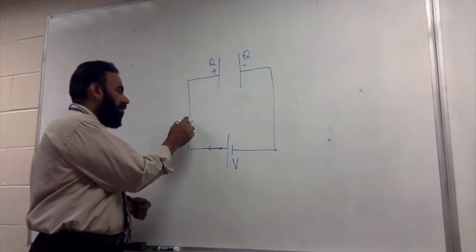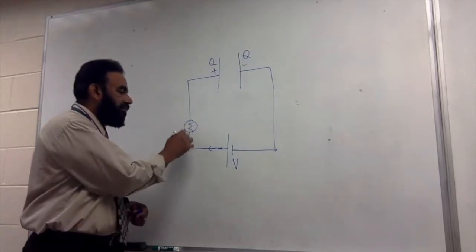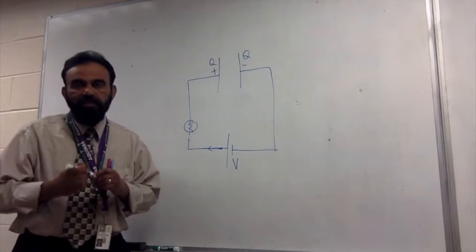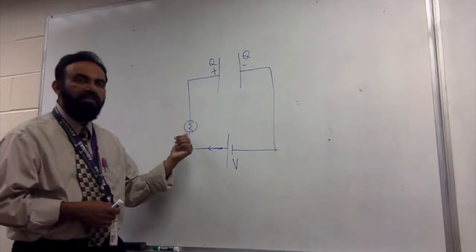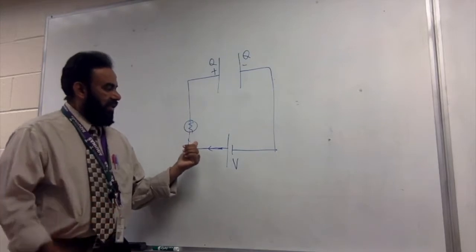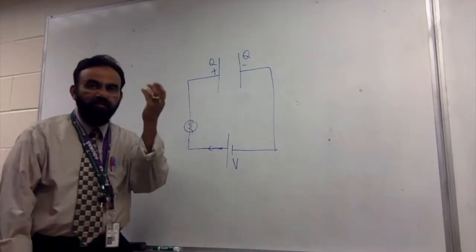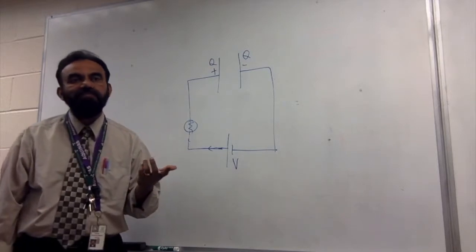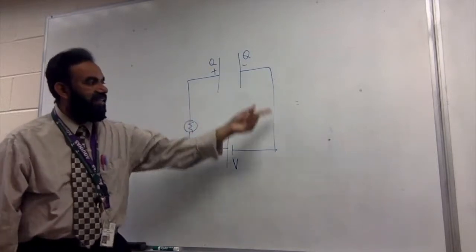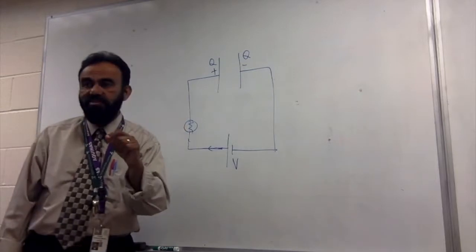So if you put a light bulb here, what we'll see is the light bulb will come on at full brightness initially and then fade off to 0. And this will take place in very little time. Now the bulb has its resistance, right?